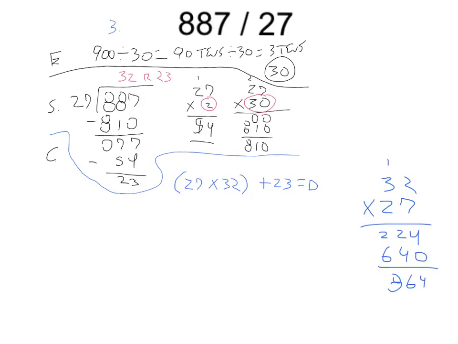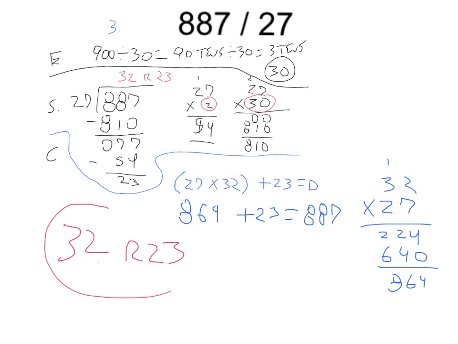Here's the solution to that, 864. Plus 23 is going to be 887. So our answer was correct. The final answer of 32 with a remainder of 23 is correct.